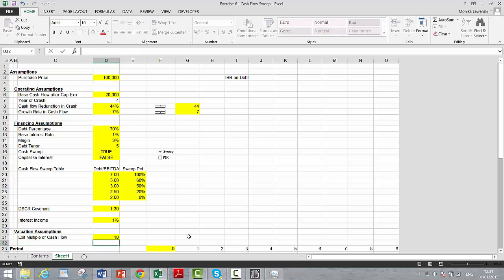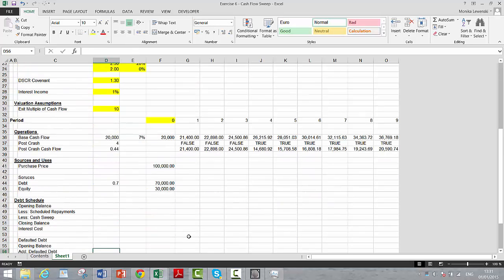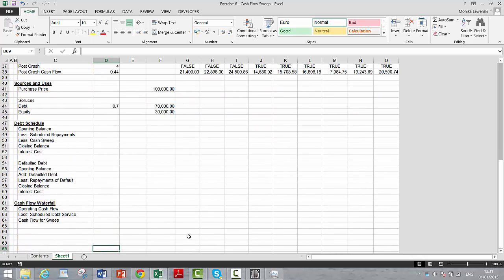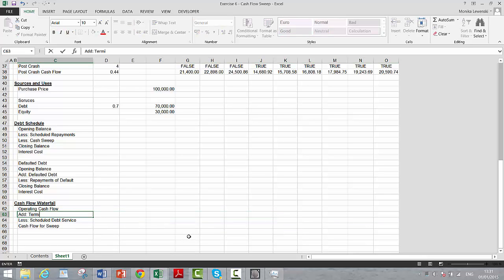Let's give it 10. I think I should have also put up here, add the terminal proceeds. Then we have the scheduled debt service, and we get the cash flow for the sweep.